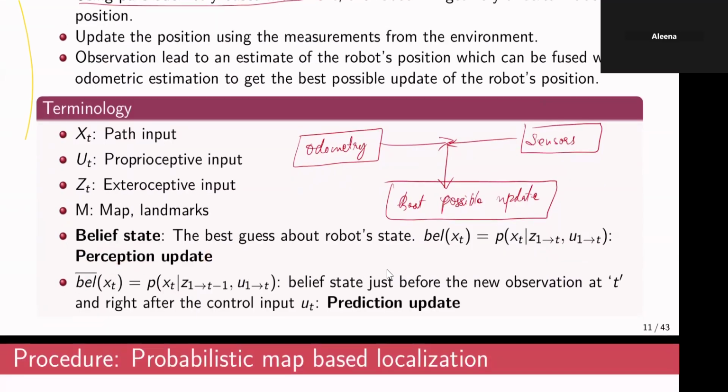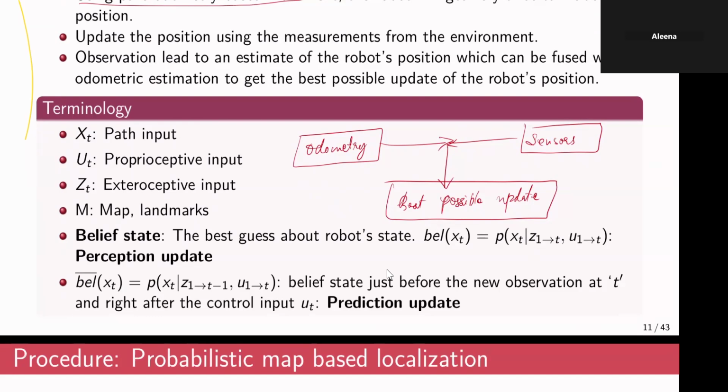And there is something called belief bar xt. Earlier it was belief xt, and now we have this belief bar xt. This is given by the probability of the robot's position at xt, given the sensor readings up to the prior step. Just before the robot measures its current measurements, we don't have the current measurements.